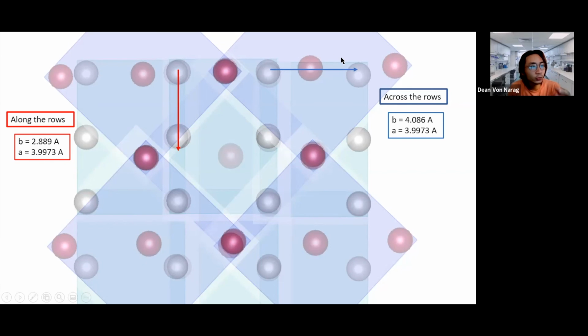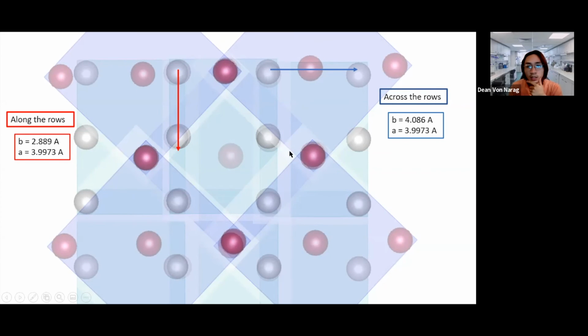So that is our choice for the A. Okay, not the side, because it is oriented like this. Okay, and along the rows, again, this is the diagonal shown earlier, 3.9973 angstroms. So along the rows, we have a lattice misfit of 27.7% as earlier. So B is this value here and A is this value here.